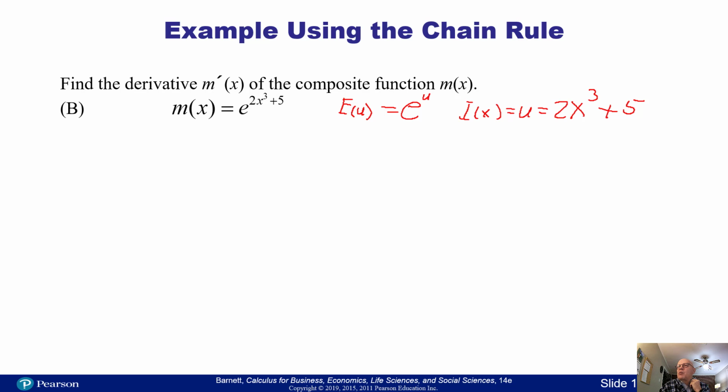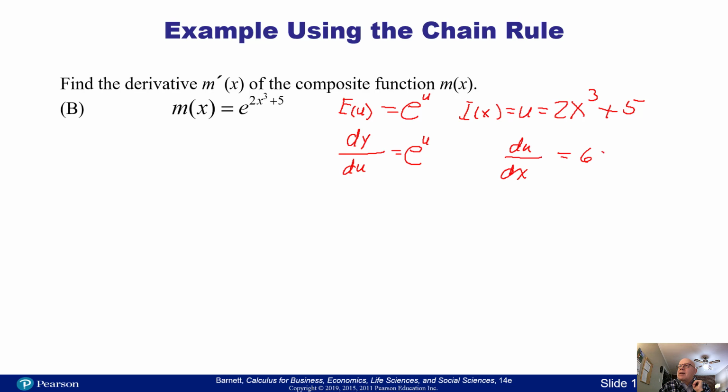So, since we know we're going to differentiate, why don't we go ahead and do it? This would be dy du, and remember, I mentioned the other day how easy this one is. Just e to the u. Done. On this one, what's du dx?